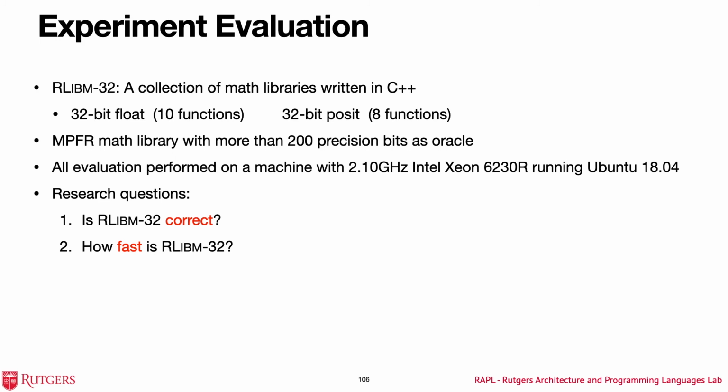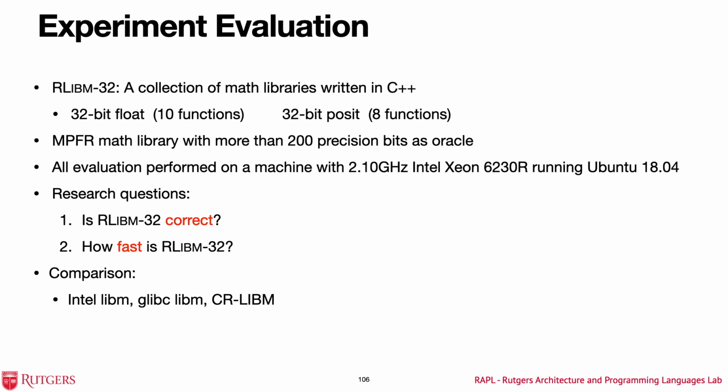In our experiments, we were interested in 2 questions. Does RLibm32 produce correctly rounded results for all inputs? And how fast is RLibm32? To measure the performance, we compared RLibm32 against Intel and glibc's float and double math libraries, as well as crlibm. Both glibc and Intel math libraries are widely used, and crlibm is a correctly rounded math library for the double representation.